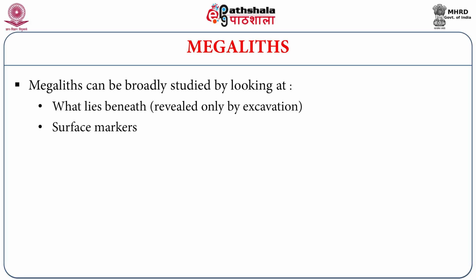The megaliths were erected for various purposes. Sometimes they were erected in a separate area known as the burial or cremation ground. Sometimes they were erected probably at the place where a person died. It may be because sometimes we find these burial monuments in isolated contexts.